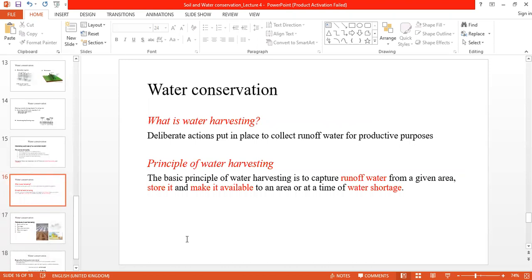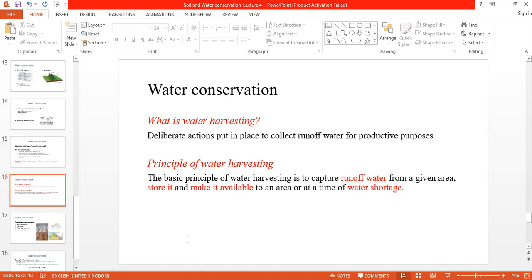For water harvesting, because we are storing water, and when we store water, we want to use it efficiently. This is one of the activities which is fast becoming an alternative to rainfall. Not necessarily an alternative, but one way in which we're able to use water efficiently.